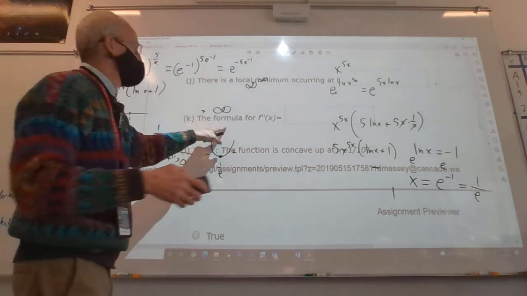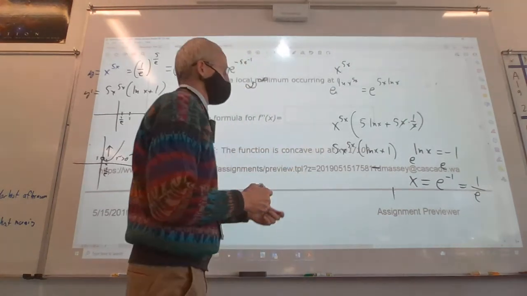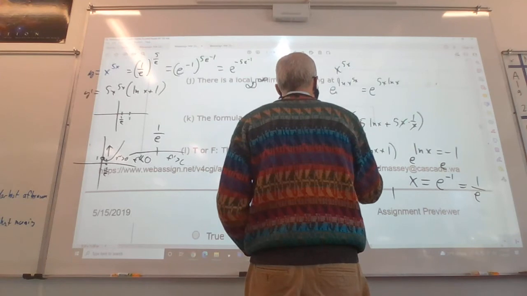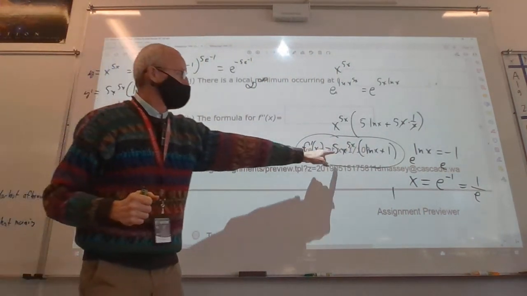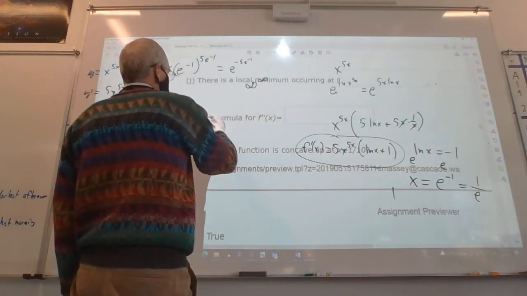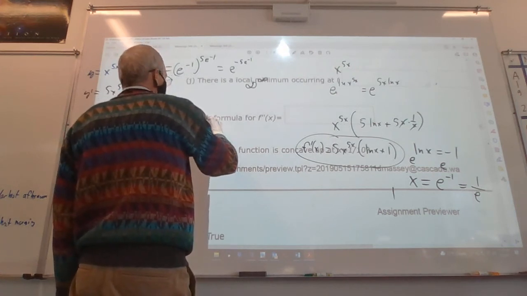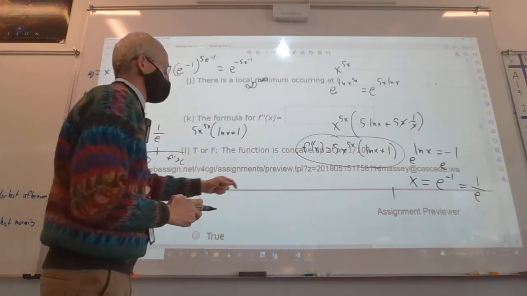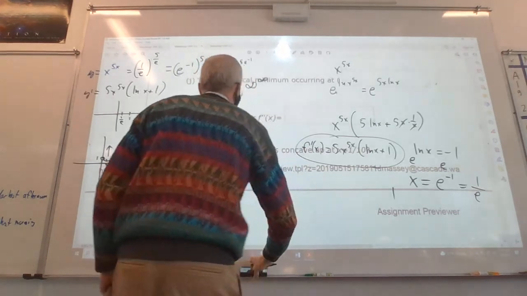But they do want us to take the derivative. So okay, remember it's not that bad. Let's do it. Here is our function right here. Here's the first derivative. Now the second derivative is the derivative of this whole thing. I'll do it over here to have room: 5x to the 5x times ln of x plus 1, derivative of the first times the second. So times, oh look, I can just put a squared.